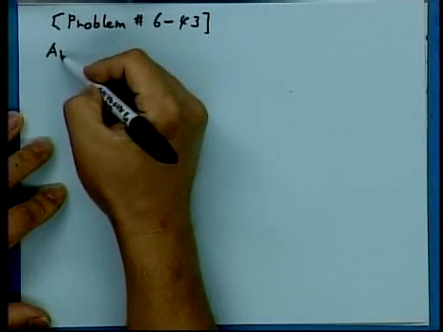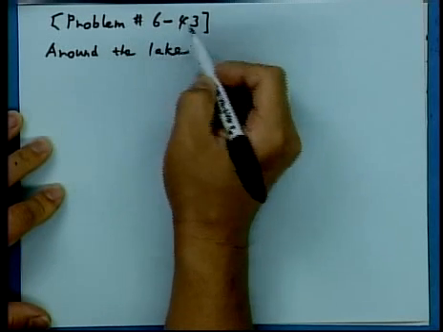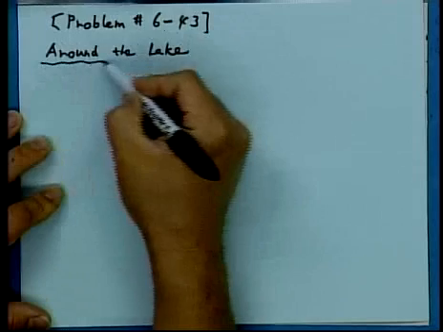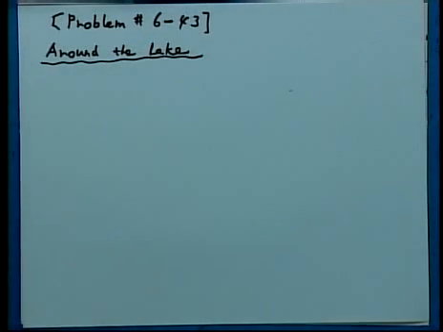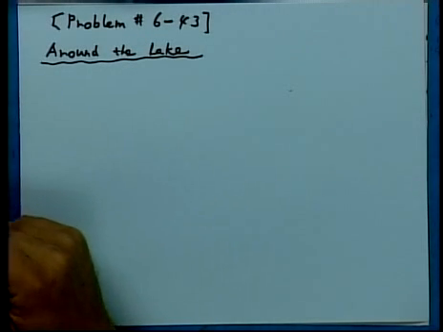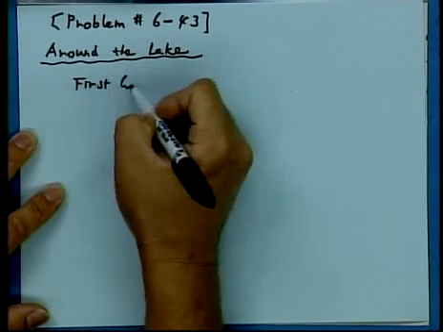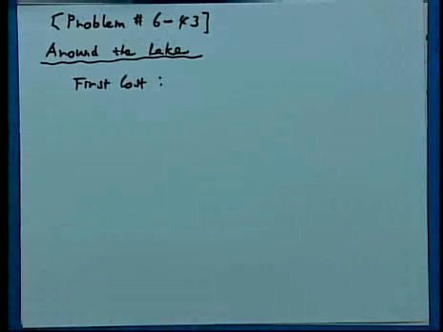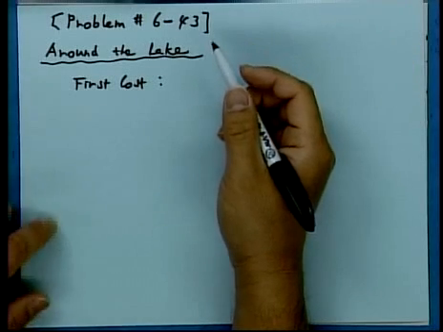For the case of around the lake, that is, if the pipeline is routed around the lake, how much do you need to spend for the first cost?